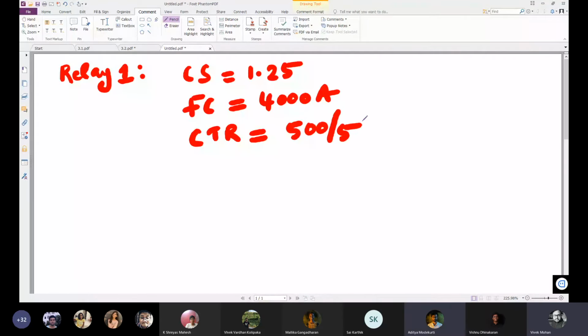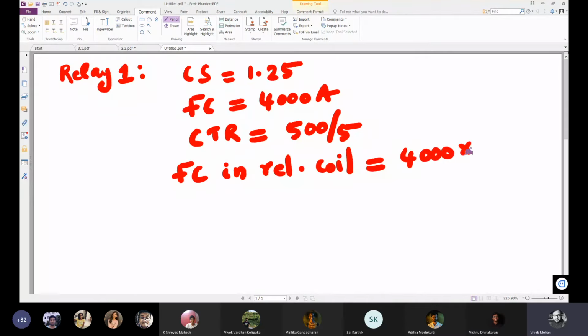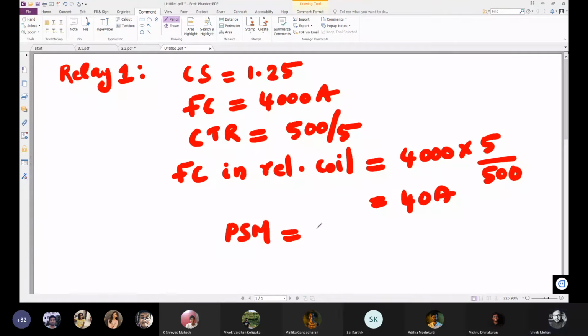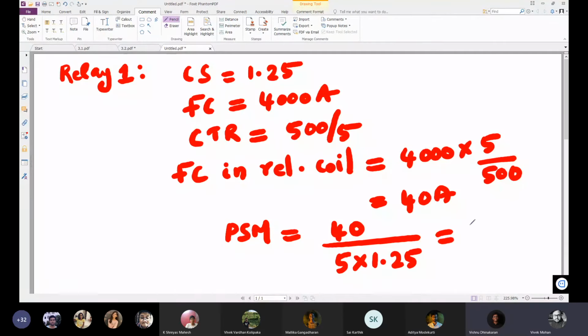Now, fault current in relay coil equals 4,000 into 5 by 500, which equals 40 amps, right? Now what is PSM? 40 divided by 1.25 into 5, which is equal to 6.4.